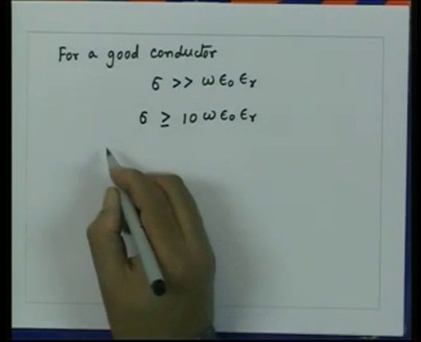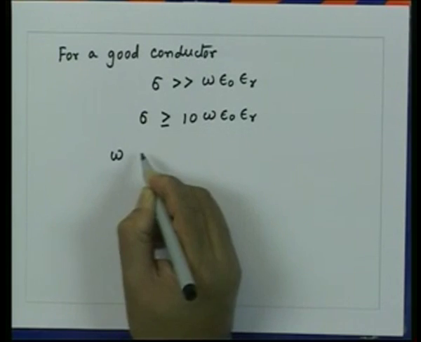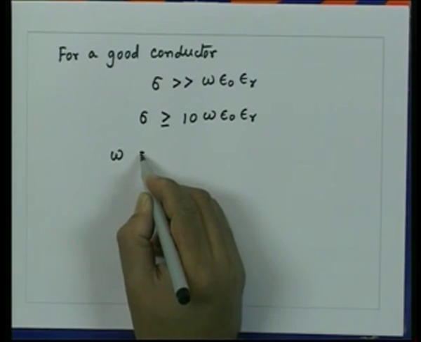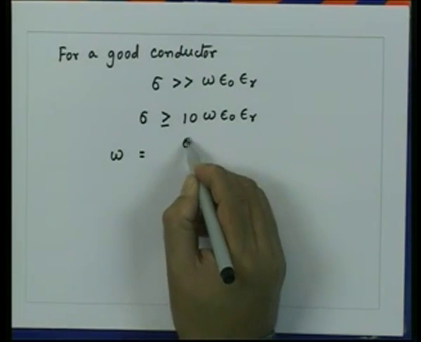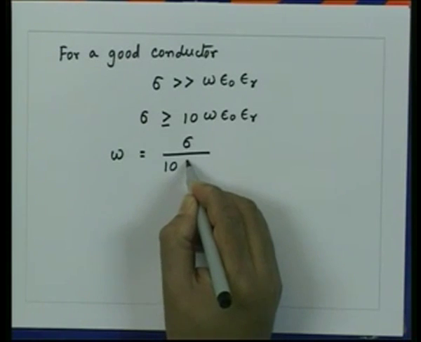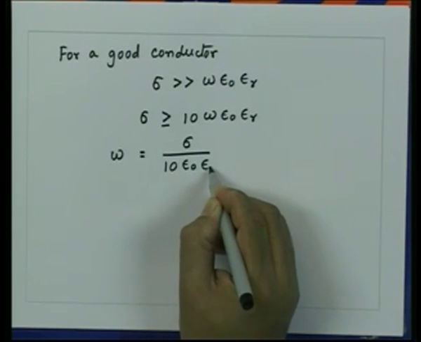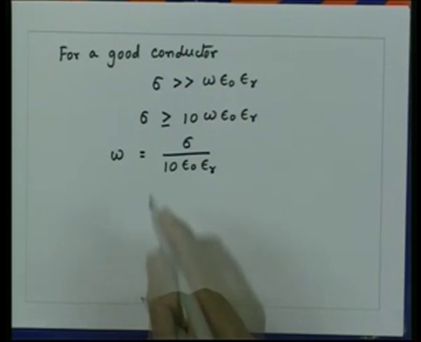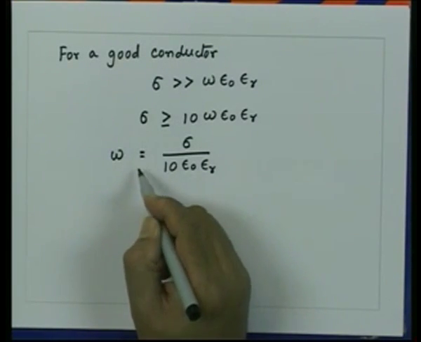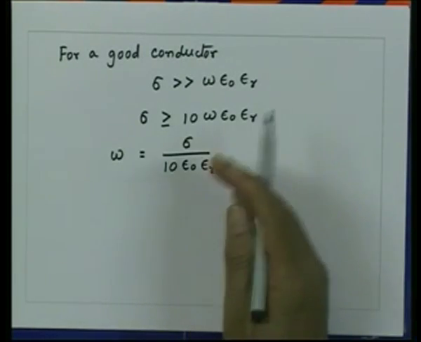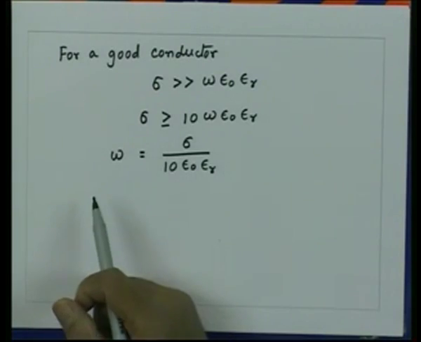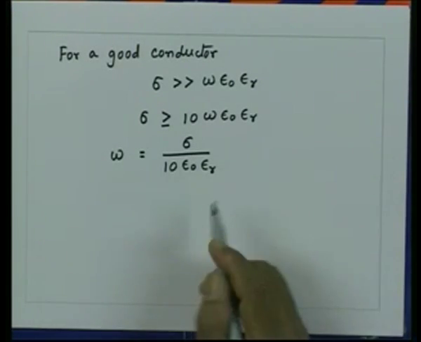From here then I can find the frequency omega, that is equal to sigma upon 10 times epsilon 0 epsilon r. If the frequency is less than this, then the material will behave like a good conductor. If the frequency is more than this, then we will say it is no more a good conductor.